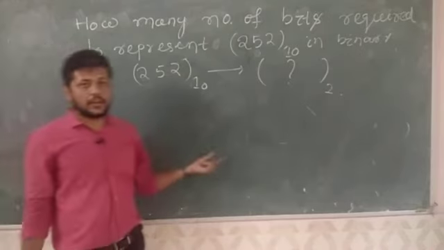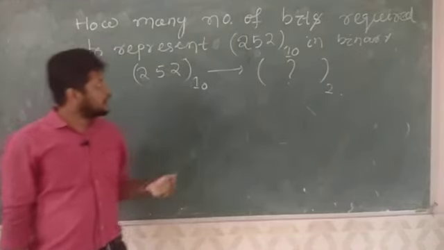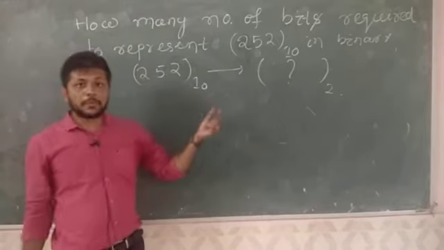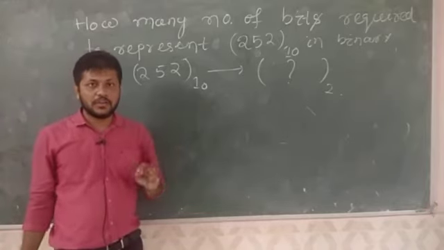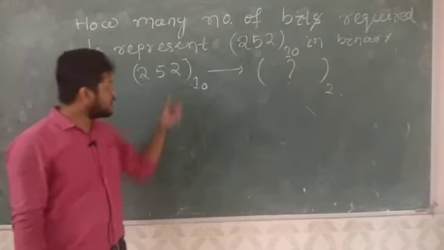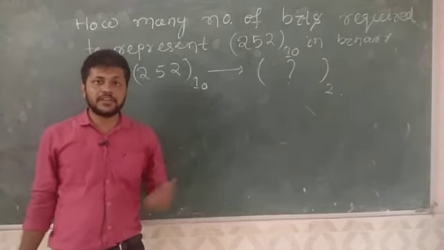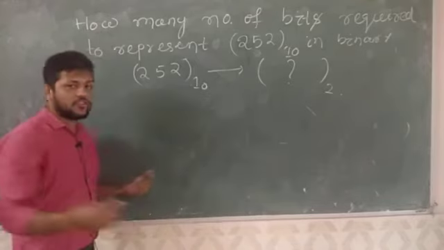We know the procedure to convert a decimal number into binary, and in that we can see how many bits are required. In decimal we call each symbol a digit. In binary we call it a bit. A bit is 0 or 1.